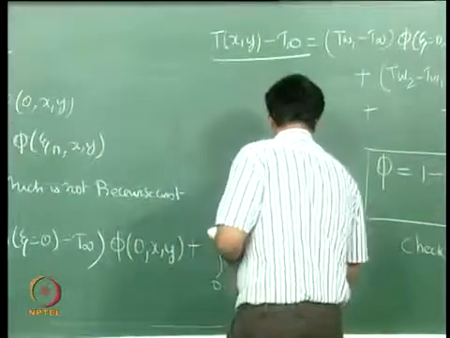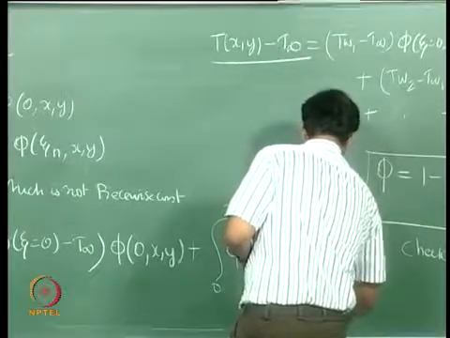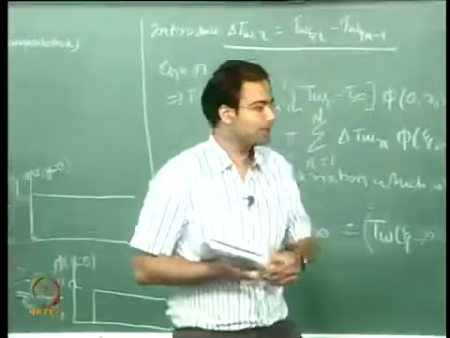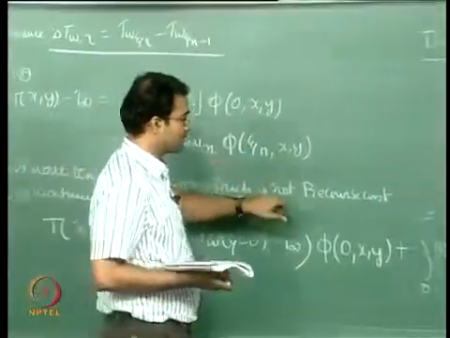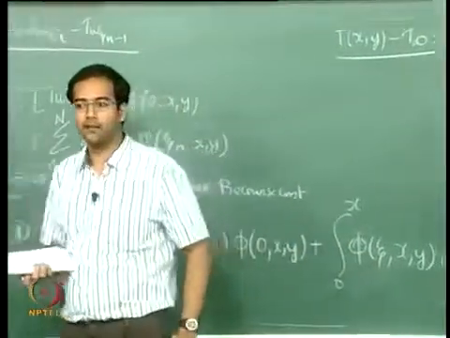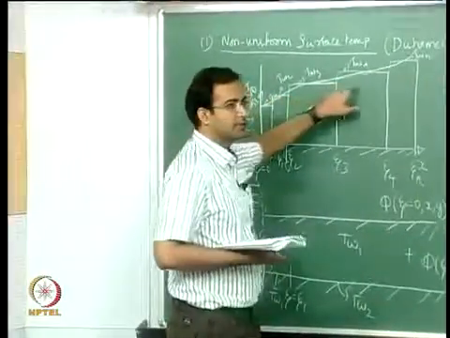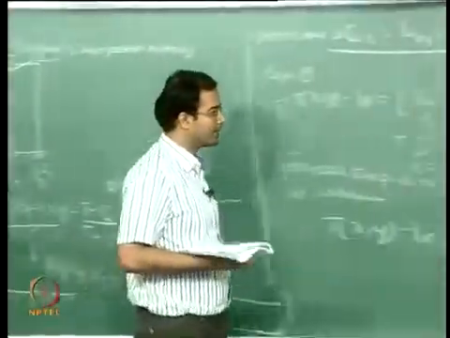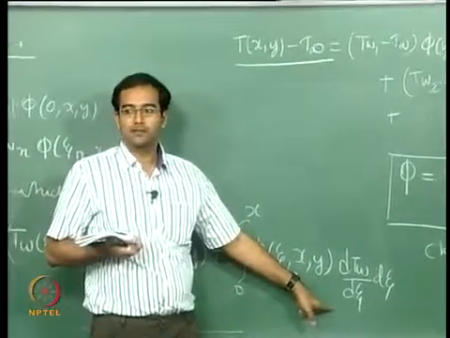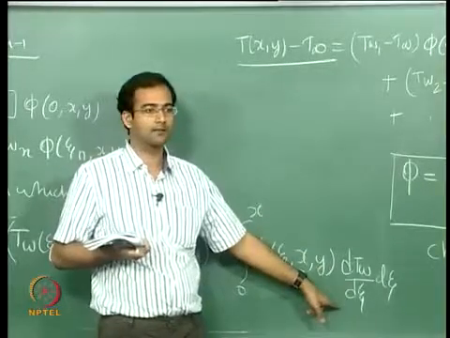Delta t, I am going to write this as d t wall by d zeta, which is the dummy variable d zeta. So all I am doing is converting this discrete summation into a continuous integral. If I have a finite slope and the slope is continuously varying with the location, all I need to do is get the slope of the wall temperature variation with respect to zeta, and that will be used here.